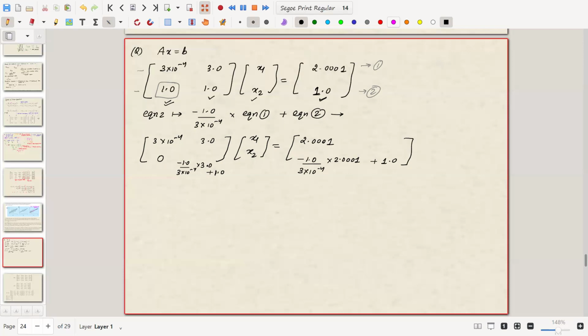Now can you tell me what these numbers are? So I'll write it for you. Is this correct?